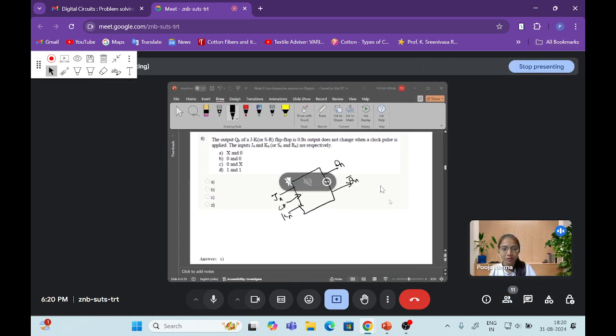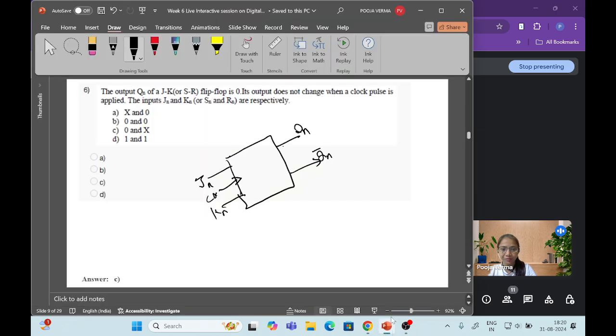Can anyone tell me the truth table for JK flip-flop or SR flip-flop?